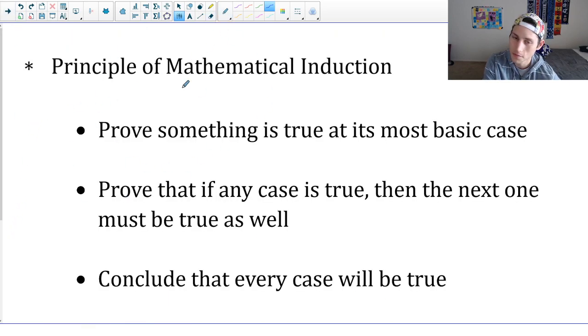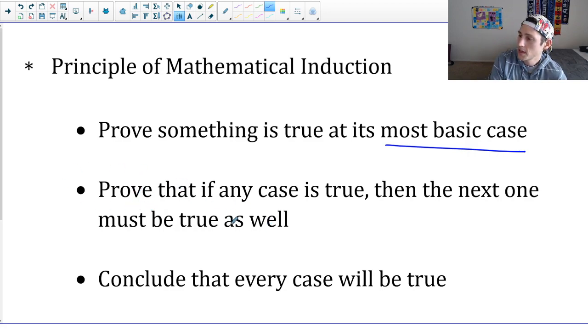Okay, so kind of more interpreted in math. So I'm gonna go through three phases of this explanation. So first phase is dominoes. Phase two is kind of in words. So what I'm talking about for math is we're gonna prove something is true at its most basic case. So that's like the first domino, right? Just one domino being there, pop it over, it's gone.